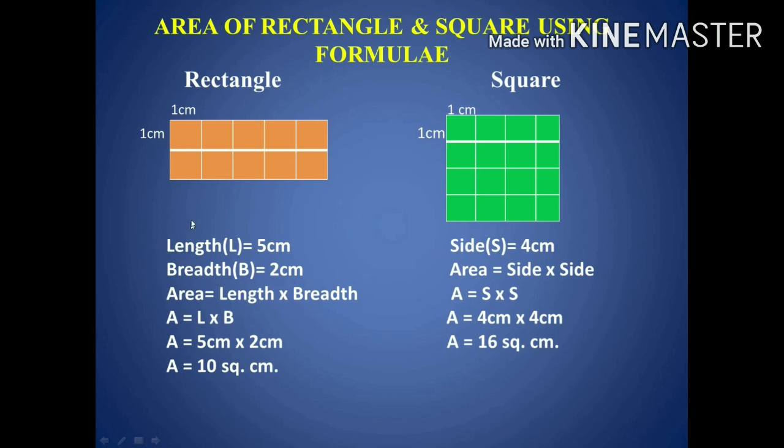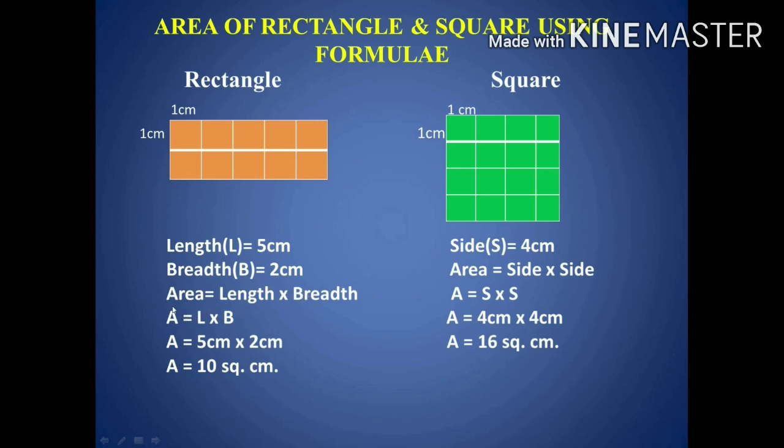That is, this rectangle has length 5 centimeter, 1, 2, 3, 4, 5, and breadth is 2 centimeter.